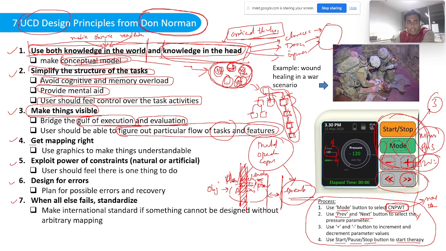The next principle is getting mapping right. This means when you are mapping something in this world, like if I say plus is for increasing and minus is for decreasing, everyone should understand that plus is for increasing.